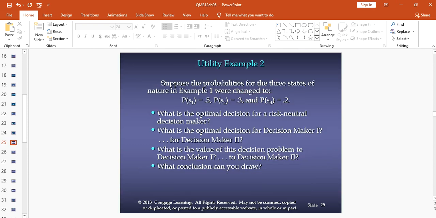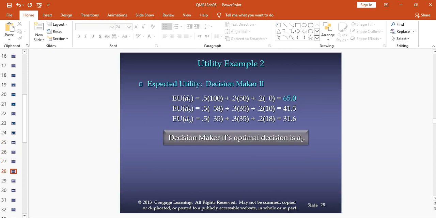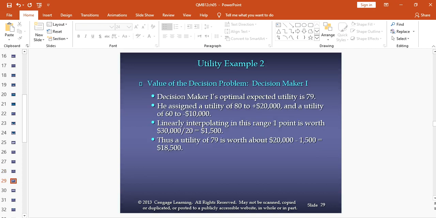Okay, and here another example, given the same values but the probability is changing over here, so it applies the same approach, and we see that the outcomes may differ based on the probabilities that are given.